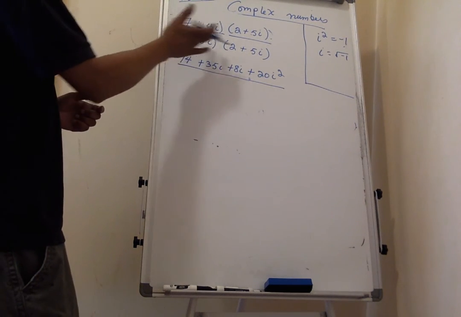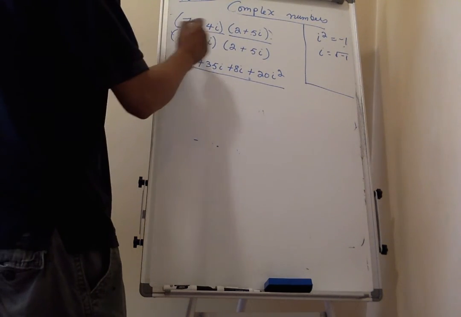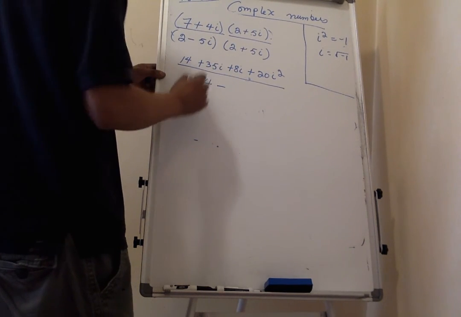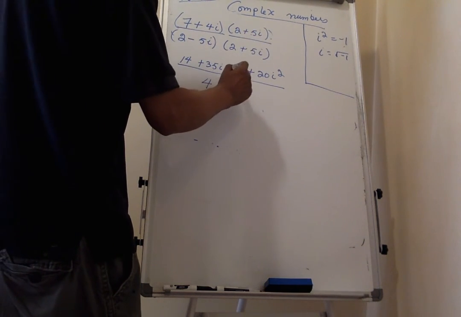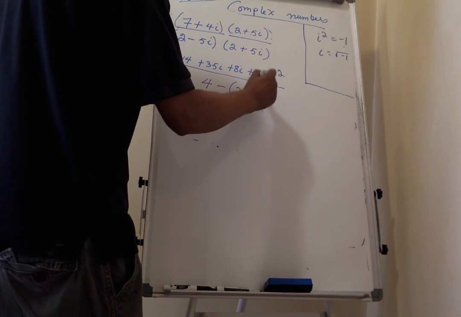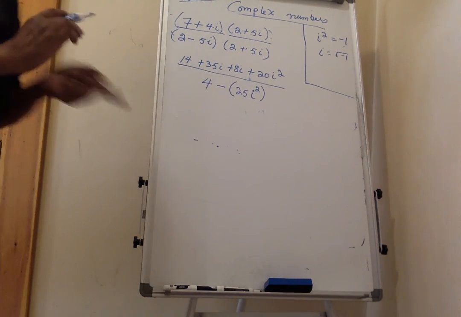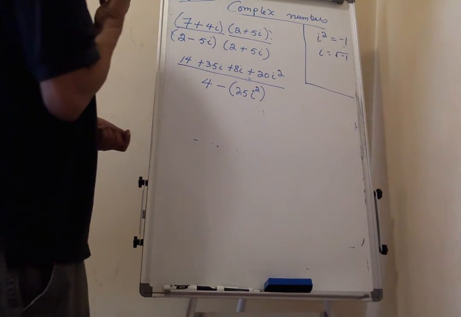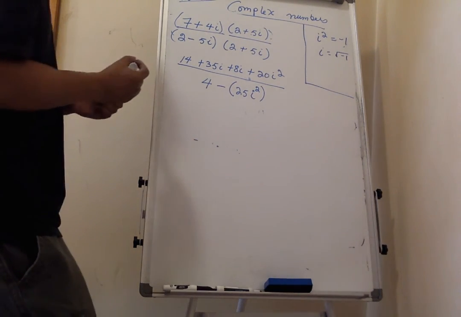And as you know, 2 minus 5i and 2 plus 5i, go ahead and 2 times 2 is 4, minus times plus is minus, 5i times 5i is 25i squared. Make sure to put a parenthesis because there could be a problem in writing the final solution, which sign you are going to use, because i squared is always a negative number. You need to watch out.